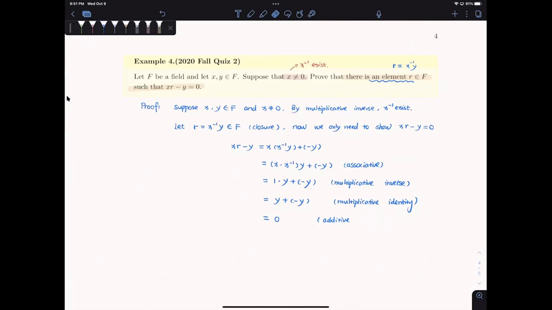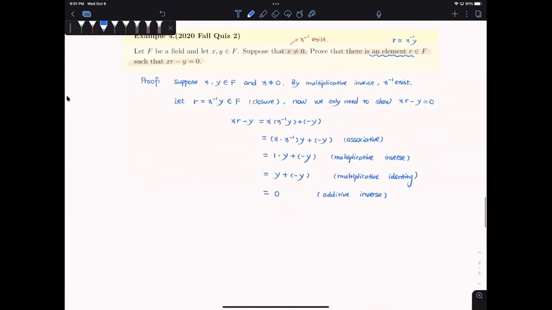What is this? Additive what? Inverse, exactly. You can also write it as negative if you want to, because they define it as negative as well. So you can write this as reciprocal and write this as negative. Okay, then you're done. So this proves, done. I don't want to write the conclusion. This is done.